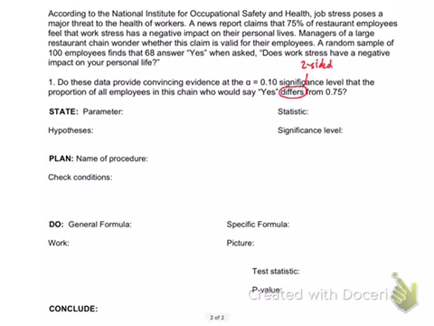And again, I'll come back to that in just a second, but let's start going through the four-step process. We've got a parameter. So what we're looking for is the true proportion of employees who say yes.